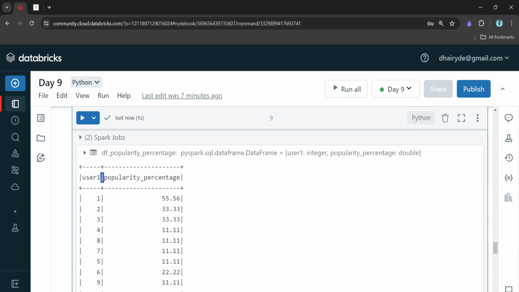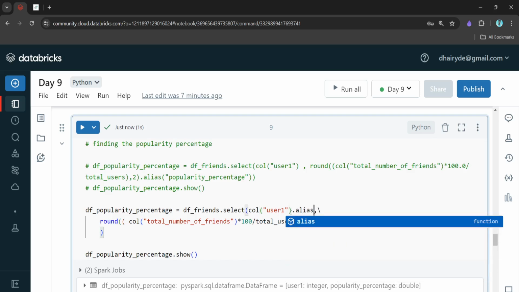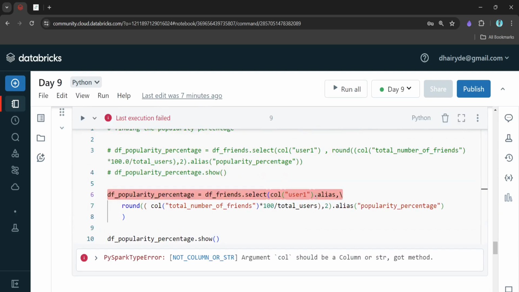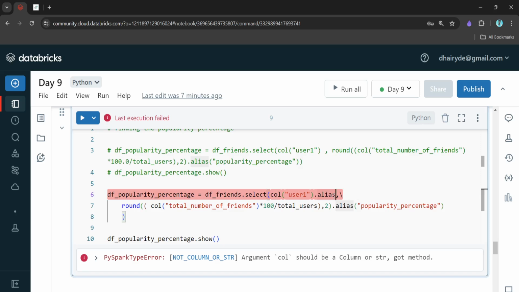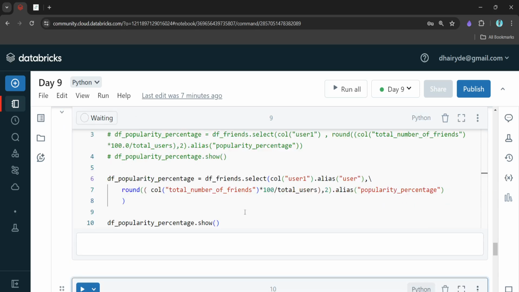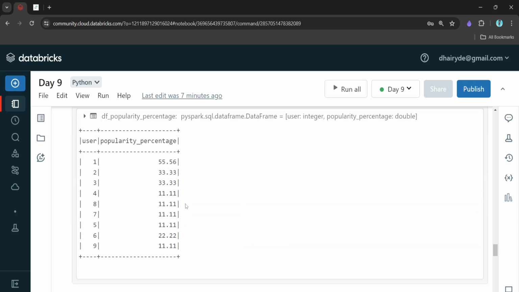Here we have user one, but we don't want user one, right? We want to alias this also. So we can write alias as user, right? Let me run this. Okay, now you can see we got the output that we wanted.